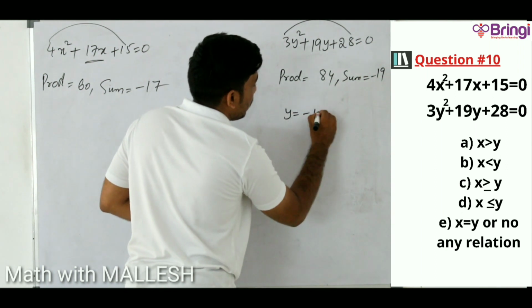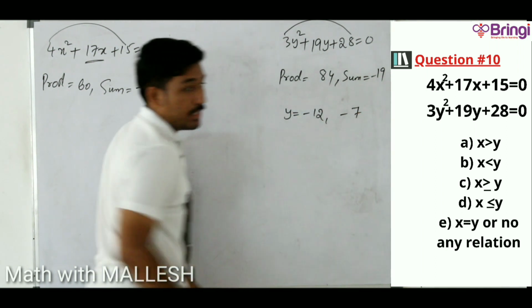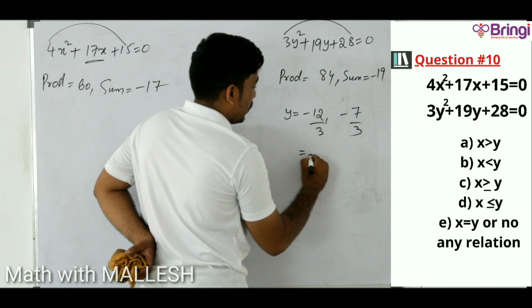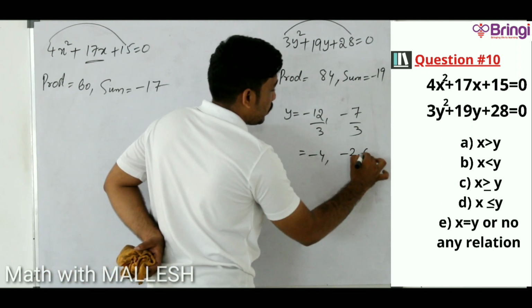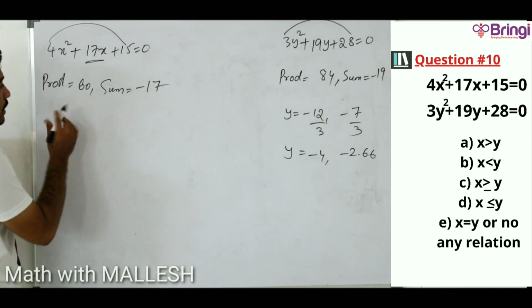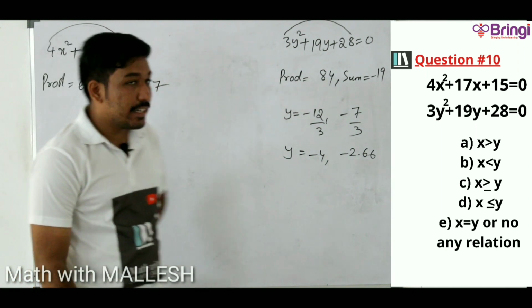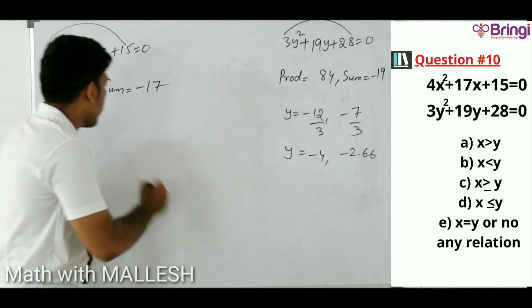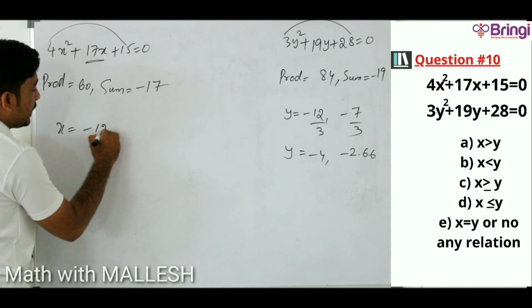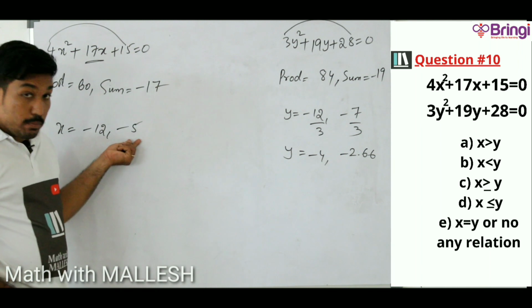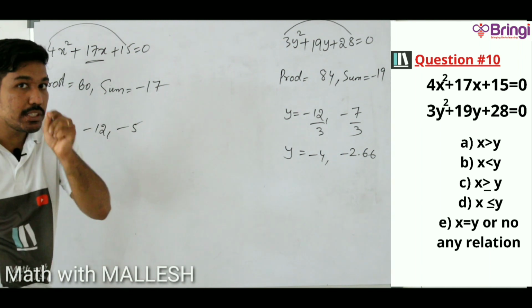Minus 12 comma minus 7, and this is not the ending, we have to divide with the 3. So minus 4 comma minus 2.66 is the y value. Simple. Now moving on to this one, 60 and negative 17. So x is equal to minus 12 comma minus 5. Clear? Minus 12 into minus 5, definitely positive 60 will come.